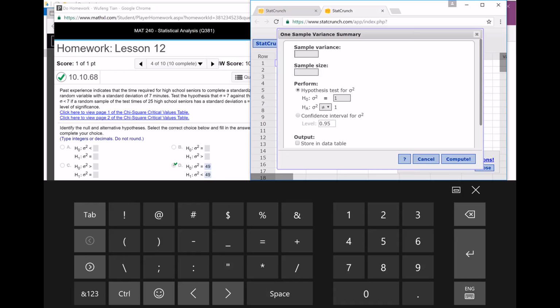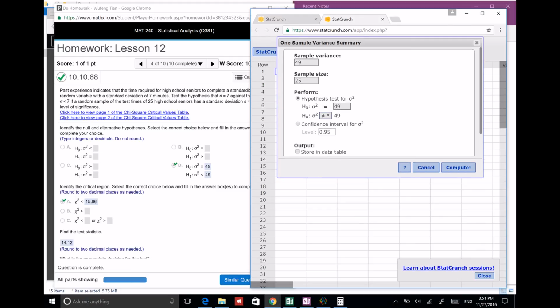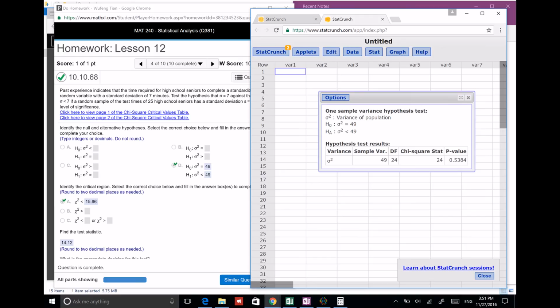So sample variance is 49, sample size is 25, and sigma squared equals 49, with the alternative sigma squared less than 49. Compute. You got the chi-square.